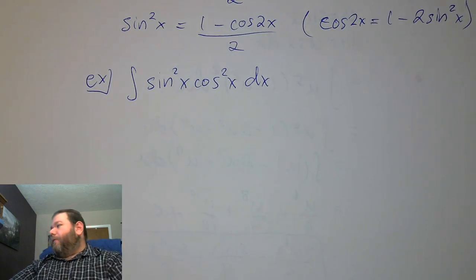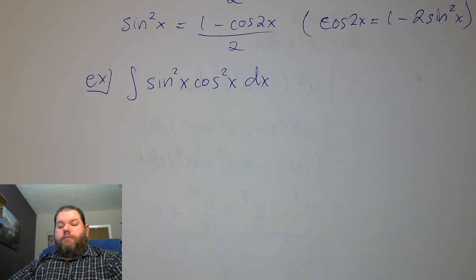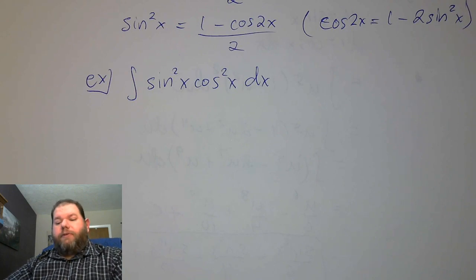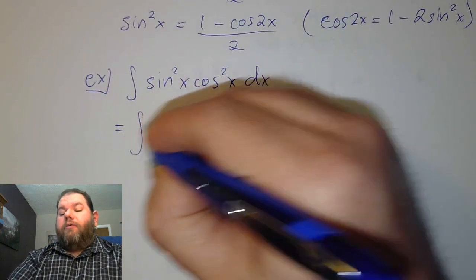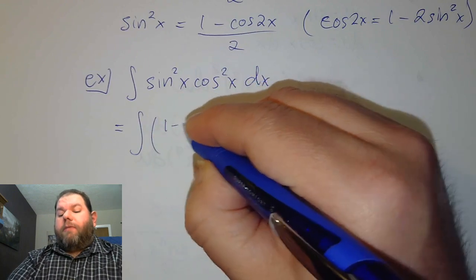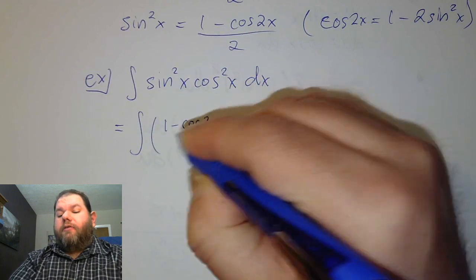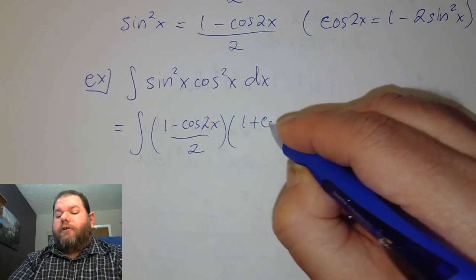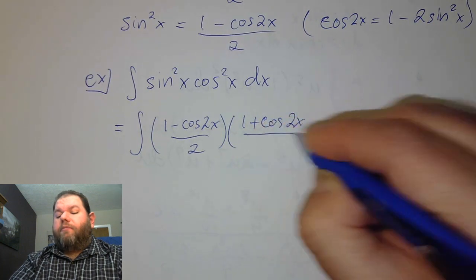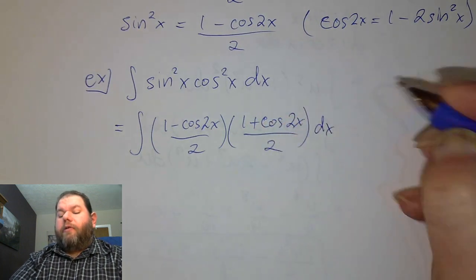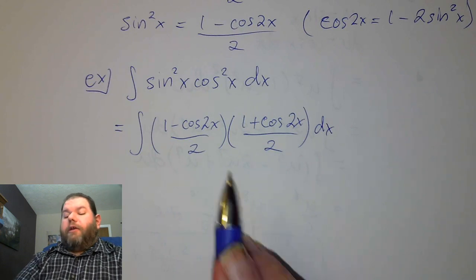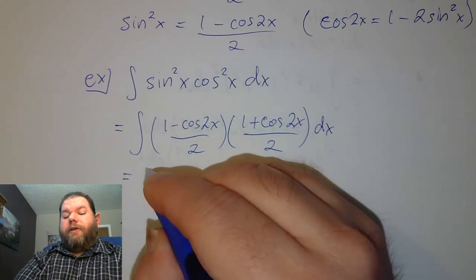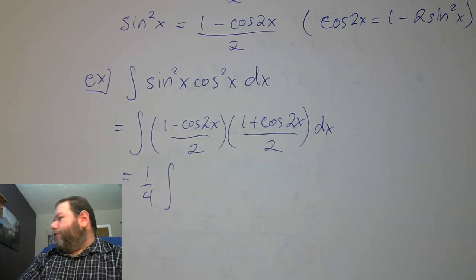For both of these, we want to plug in our power reducing formulas, which is for sine squared, we know that's 1 minus cosine 2x over 2, and cosine squared we know is 1 plus cosine 2x over 2. Now we have 2 times 2 in the bottom. I'm just going to make that a 1/4 on the outside so we don't have to worry about it.